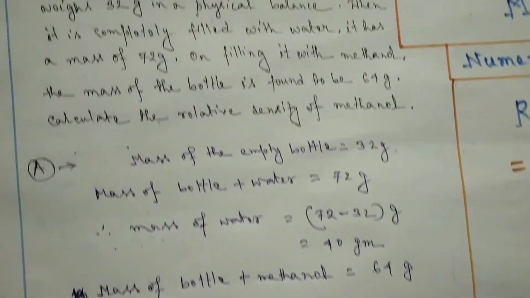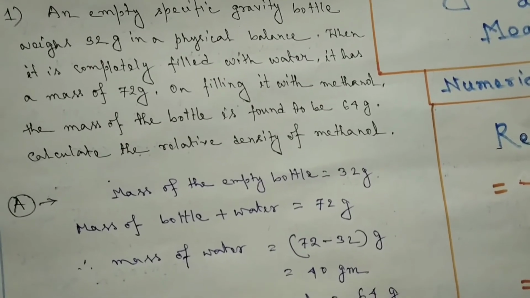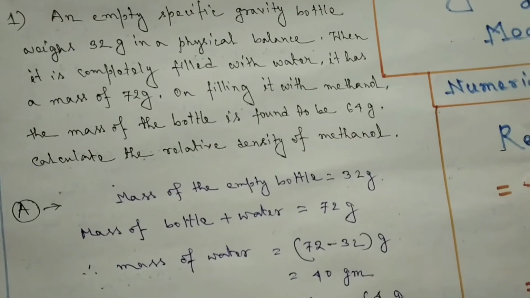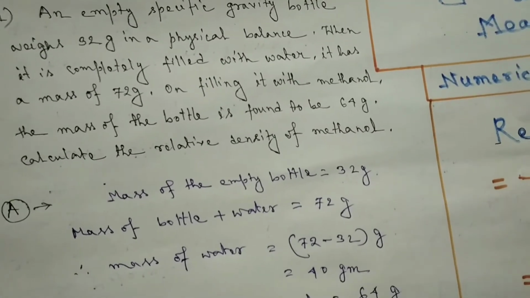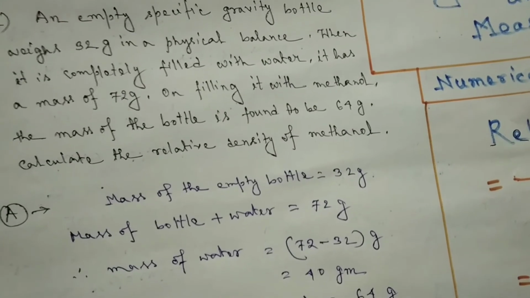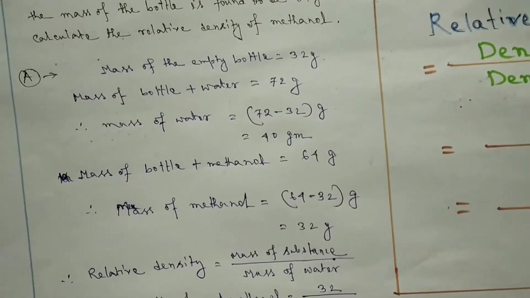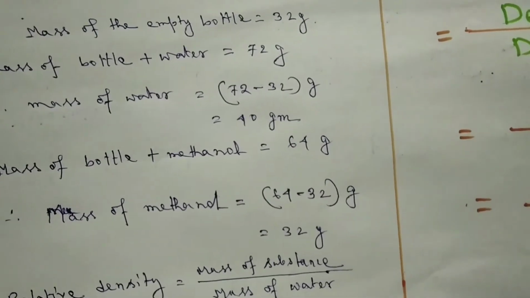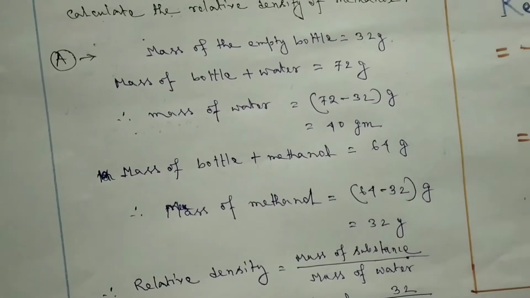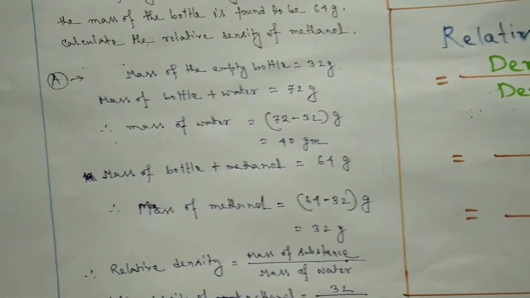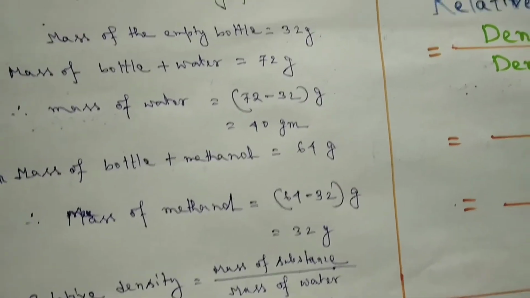Now you can see here that on filling with methanol, the mass of the bottle becomes 64 gram. And we know the mass of the empty bottle is 32 gram. So the mass of methanol is equal to 64 minus 32 is equal to 32 gram. So we got the mass of water 40 gram and the mass of methanol 32 gram.